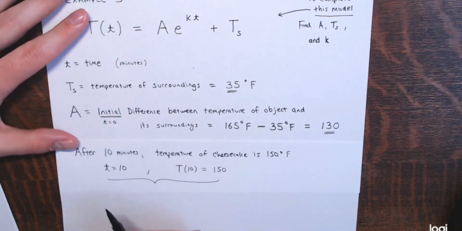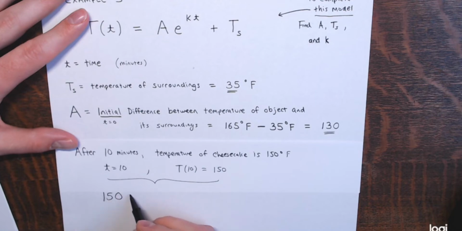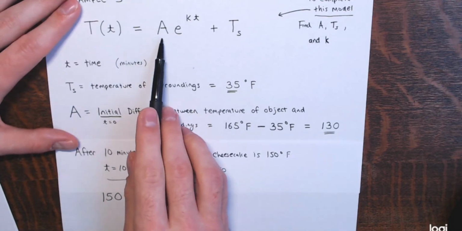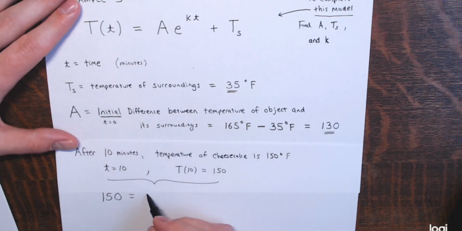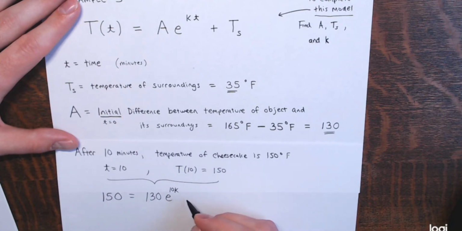So we have 150 on the left, that's the temperature after 10 minutes, equals A, that initial difference between the temperature of the object and its surroundings, that's 130, times e to the K times t, so e to the 10K power, plus 35, the temperature of the refrigerator, the temperature of the surroundings.